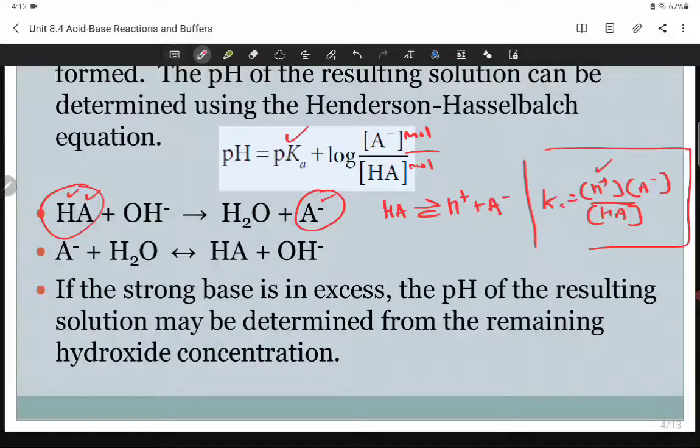So that makes it a little bit easier in these questions. Technically molarities belong, but because they're both divided by the same volumes, because they're in the same container, we can use moles in these situations. If we would use this, we would need a Kb. Okay? So we'll have to keep that in mind when we get there.